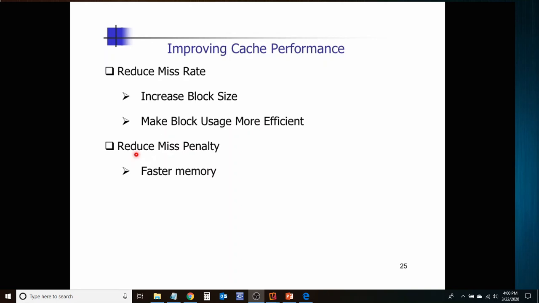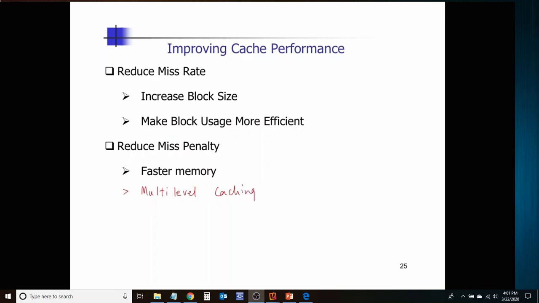We can also improve cache performance by reducing the miss penalty, so that we can reduce the time, and we can get this done by making the memory faster. So the latency or the access times for dynamic RAM and the hard disk, if they go down, if we have faster memories, then we can reduce the miss penalty. Or actually we can add one more thing to this list, which is using multi-level cache.